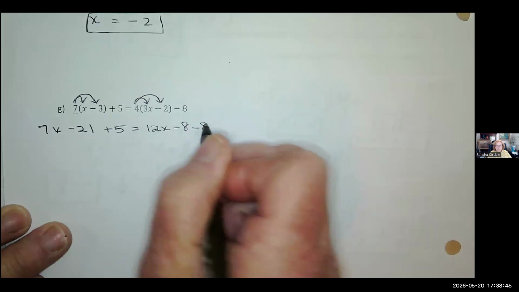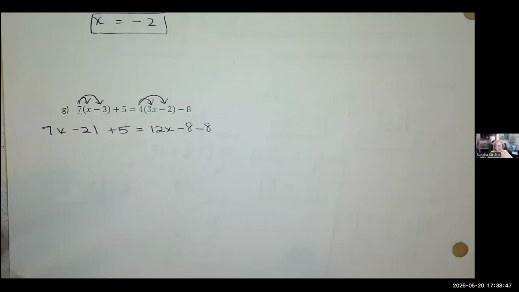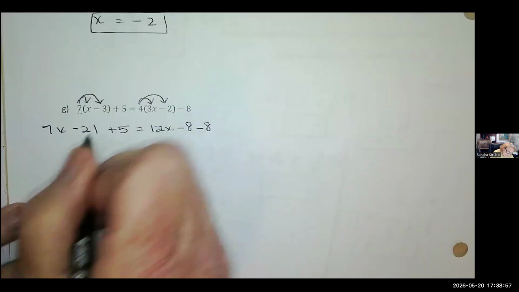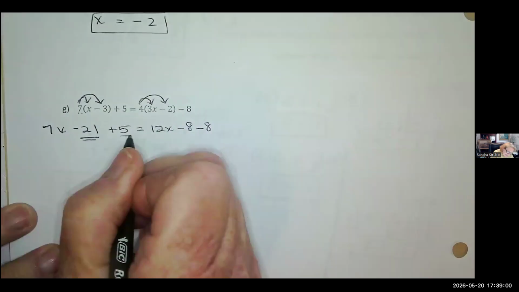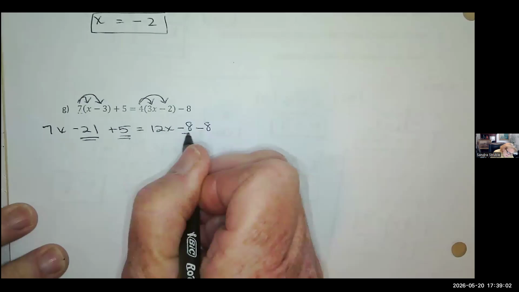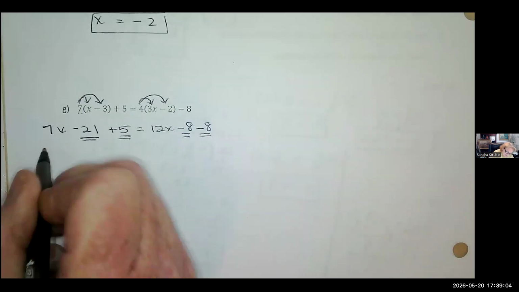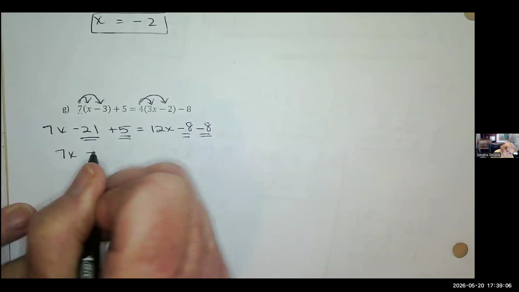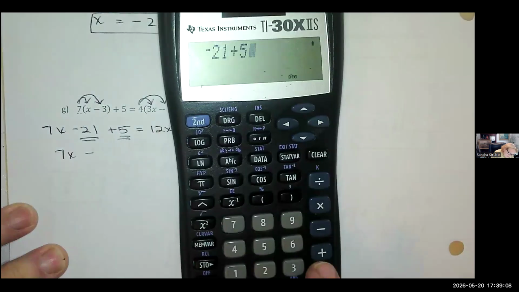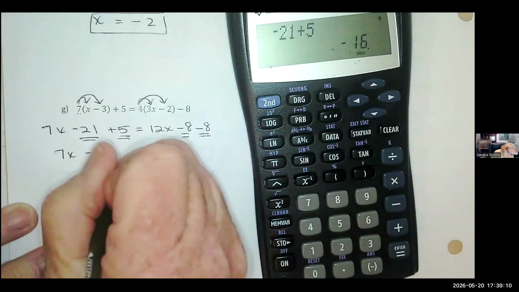Do not start moving things on either side of the equal sign until you've combined all like terms on both sides. On this side, we need to combine -21 and 5. On this side, we need to combine -8 and -8. 7x minus 16, and then 12x minus 16.